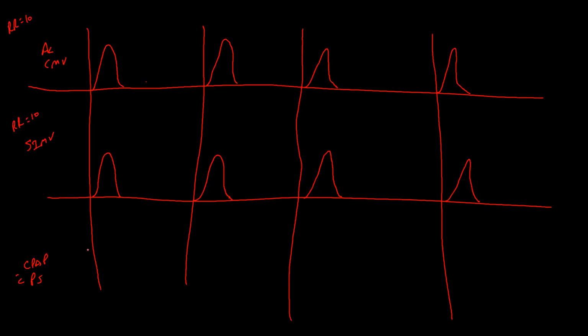Now CPAP with pressure support would just look like a straight line going across if the patient's not breathing spontaneously, because what it's trying to do is just keep your pressure at whatever the CPAP is set at. Let's say in this situation, CPAP of 5, pressure support equals 10, and that means that our peak inspiratory pressure would be equal to 15.